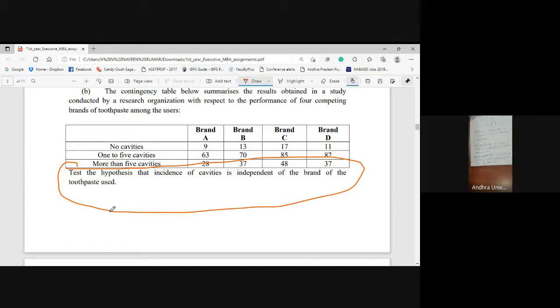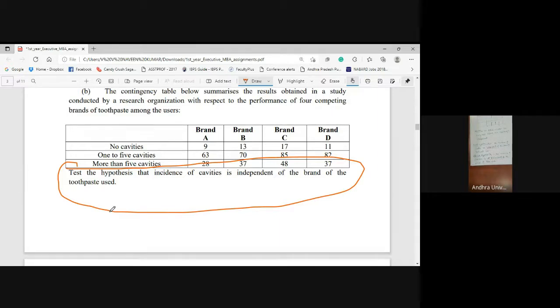The question is asking to check for independence, so we have taken independent as null hypothesis, not independent as alternate hypothesis. So this is nothing but null hypothesis and alternate hypothesis. I hope you understand.